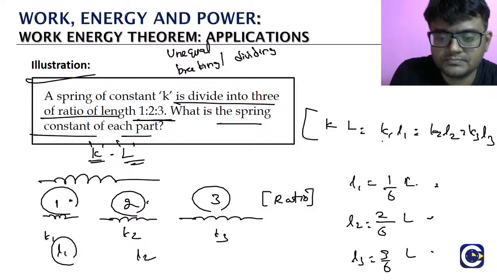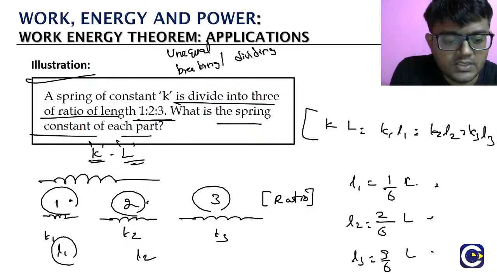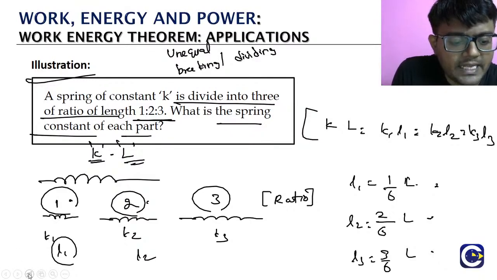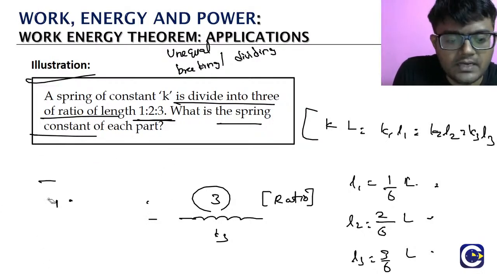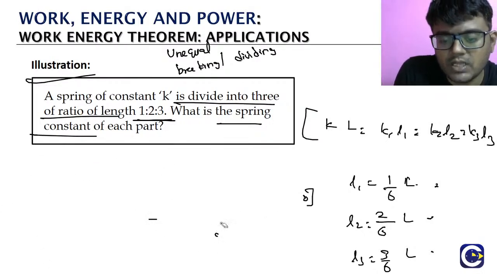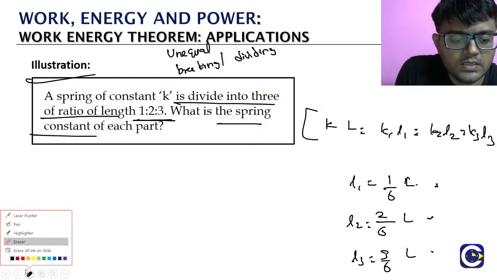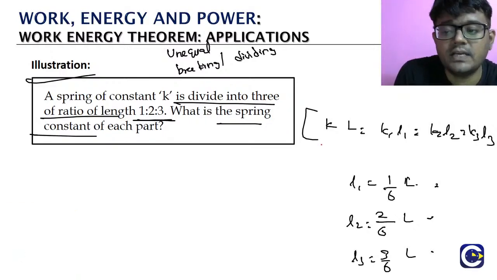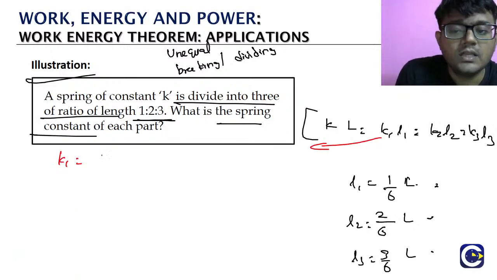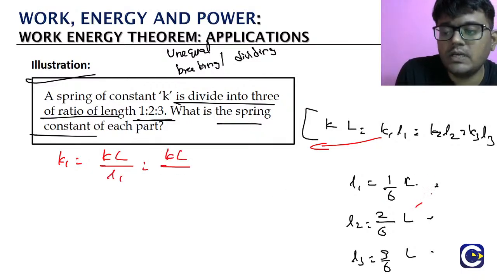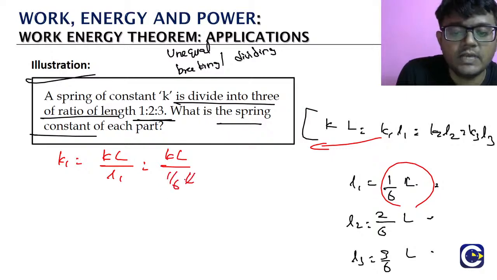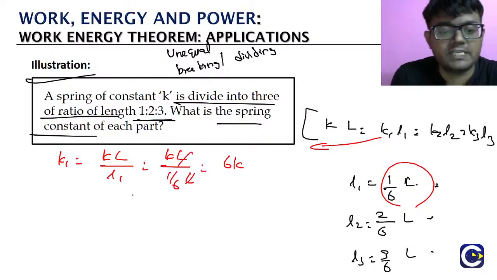இங்க பாருங்க, K1 வேணுமா? What is K1? K into capital L divided by L1. அவ்வளவுதான். So L1 எவ்வளவு? 1/6 into L. So 6 மேல போய்டும், 6k.